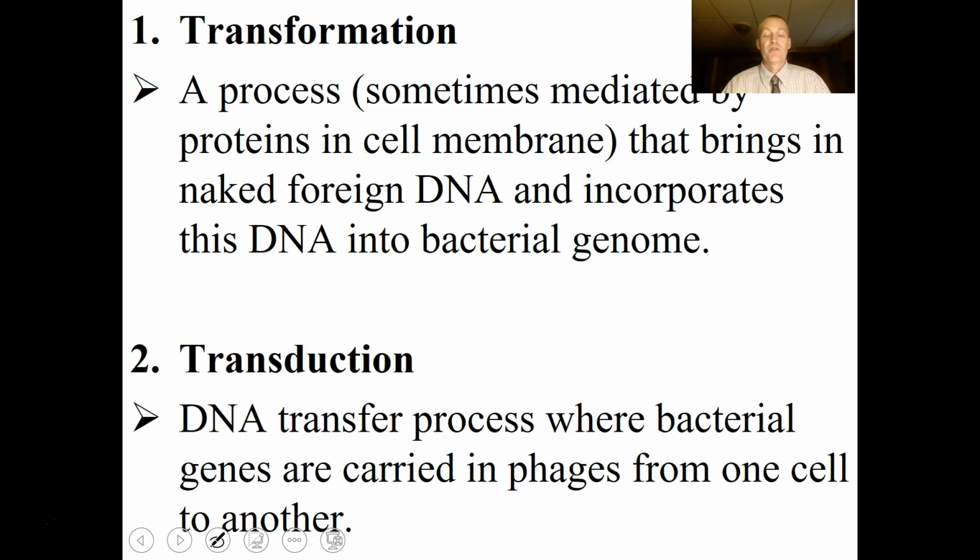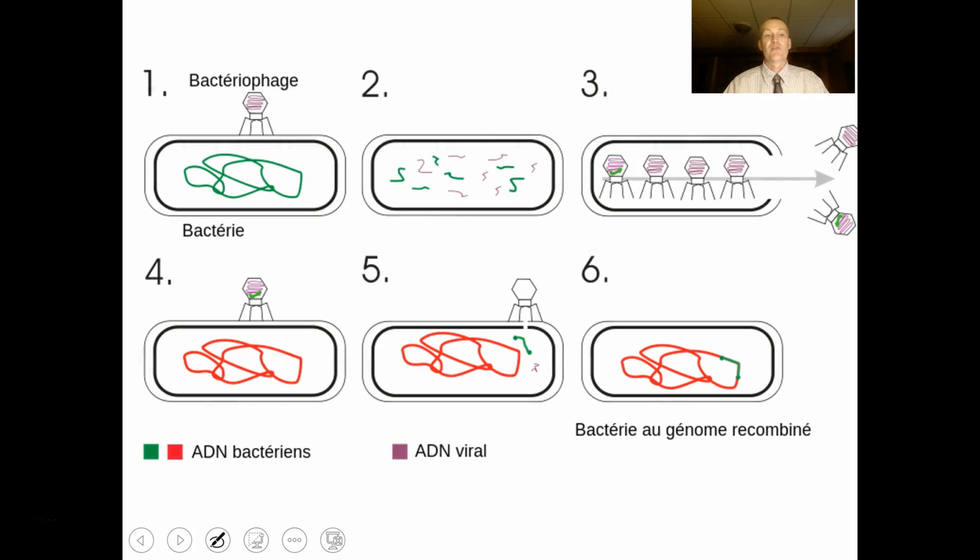Transduction is where DNA is transferred by the use of phages, those bacteriophages that we talked about in the last lecture. These phages can carry pieces of DNA from one cell to another, and it kind of looks like this. So up here we have a bacteriophage, which is represented by, I assume, purple DNA, and you can see the bacterial chromosome here is represented by green DNA.